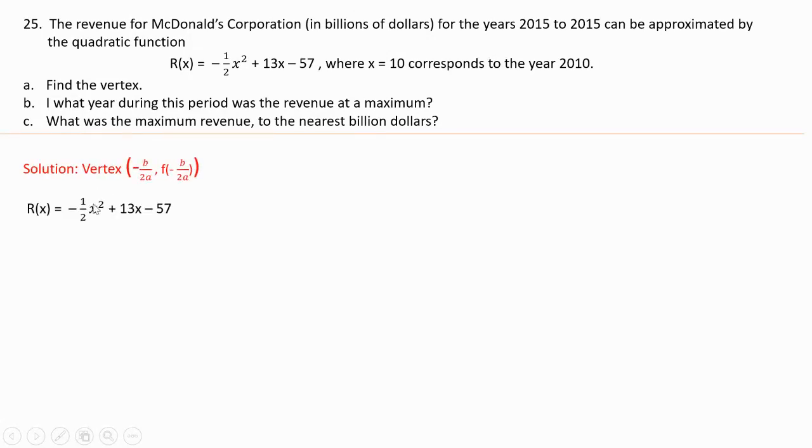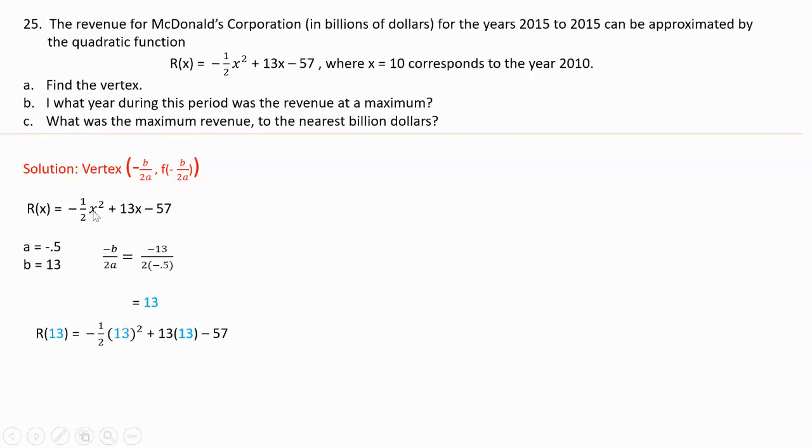Okay, so the first thing we're going to do is find the vertex. So I have to know what the a is and what the b is. My a is negative 1 half or negative 0.5, and my b is 13. So plug it into the formula to find the x part of the vertex. So it'll be negative 13 over 2 times negative 0.5. It's going to give us 13 over 1, which is 13. So that's my x part of the vertex. For the y part, we evaluate the original function at 13.